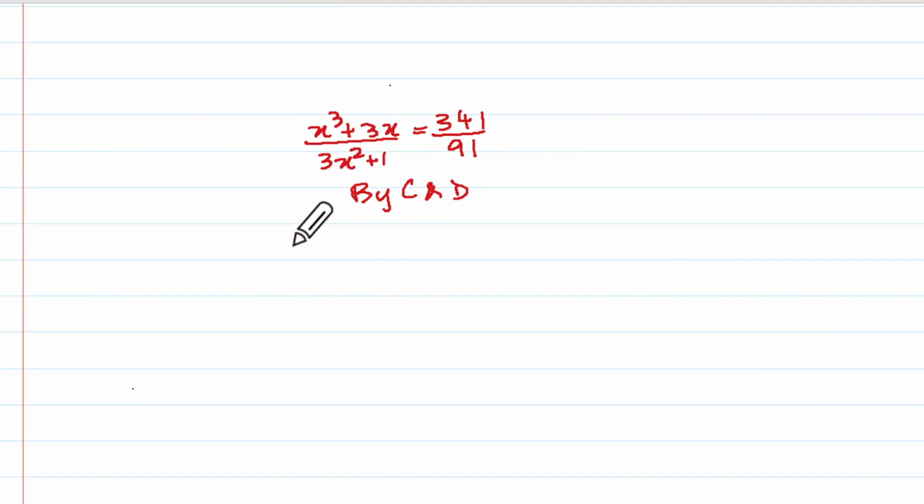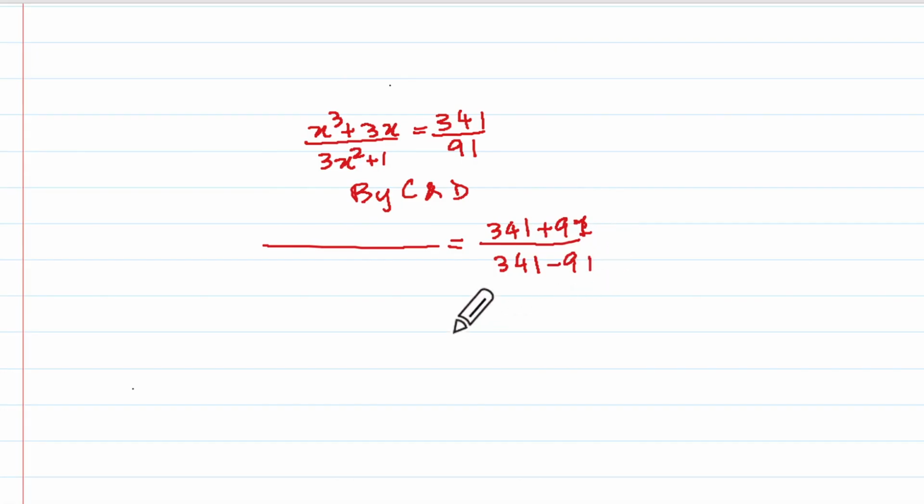Okay, so when you write that, you will get this plus this. I'm not writing that, and here it will be 341 plus 91, and here 341 minus 91. Now when you do this plus this, it will be, tell me, x plus 1 whole cube upon x minus 1 whole cube.